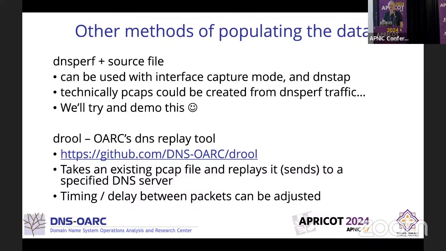I can't remember the name. But it's useful for crafting test payloads. For example, you give it a file with a million queries for all the names in your zone and all kinds of query types, and you feed that to DNS perf, and you can use it to feed this synthetic data set into your name server, or you could give it a PCAP.